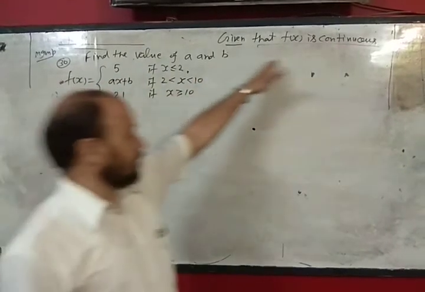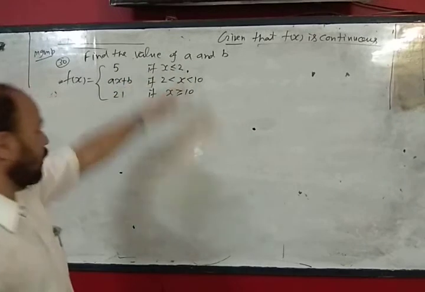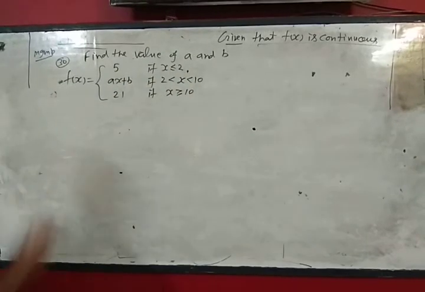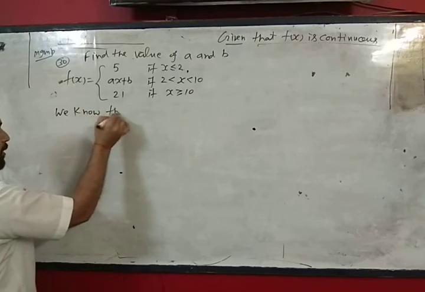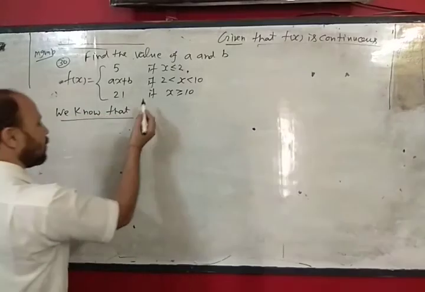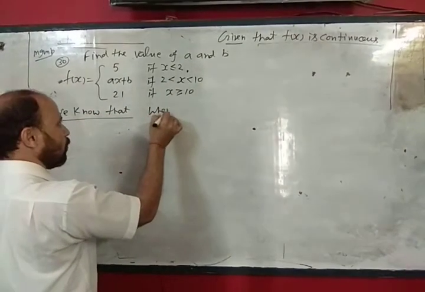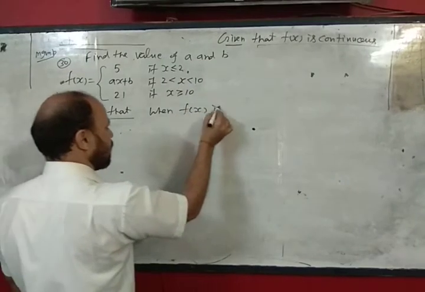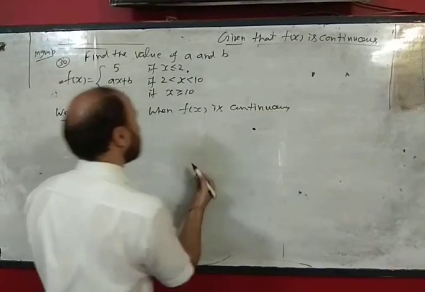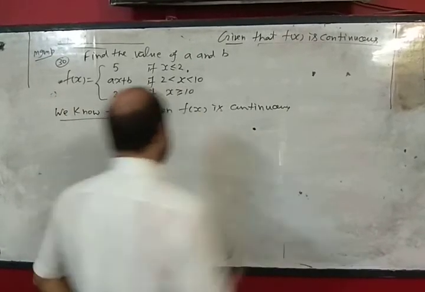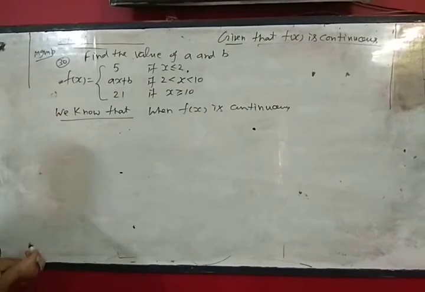Question number 30, which is a very important question. Given that f(x) is continuous, we have to find the values of a and b. We know that when a function is continuous at a given point, then LHL is equal to RHL.